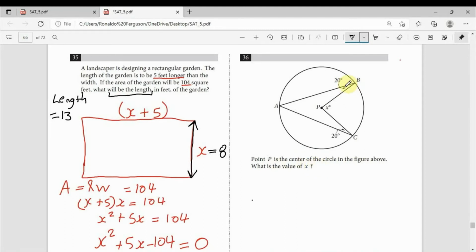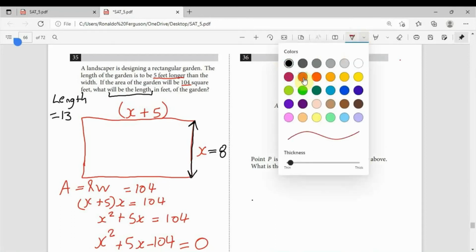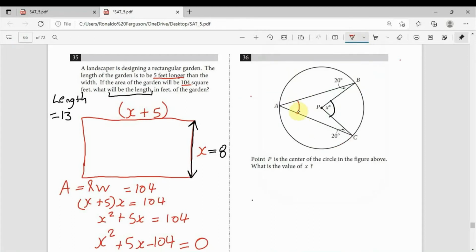They give us this angle is 20, this angle is 20, and this angle is x. Now, guys, what we do know is that the angle at the center is twice the size of the angle at the circumference. So if this angle here is x, then the angle at the center is going to be a half of x.